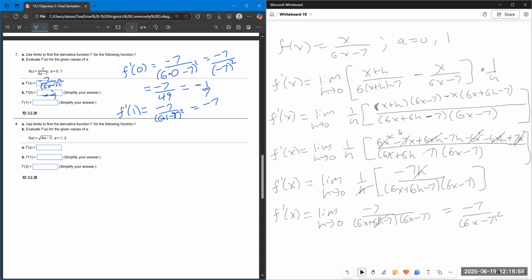And negative 7 over 6 minus 7 squared is negative 7 over negative 1 squared. So negative 7 over 1 is negative 7.